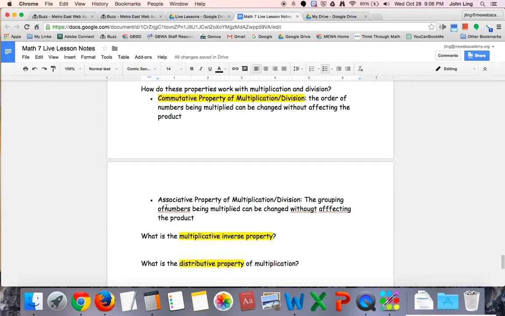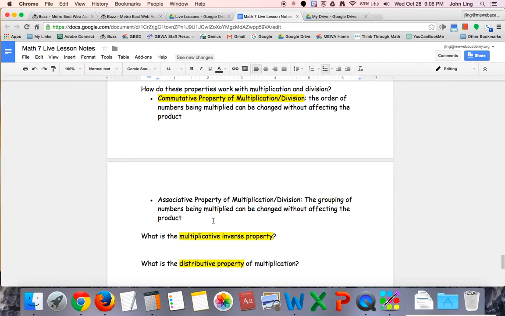All right, so, boy, I butchered that one, didn't I? The grouping of numbers being multiplied can be changed without affecting the product. Okay, and this also works for division. You could say the grouping of numbers being divided can be changed without affecting the quotient.